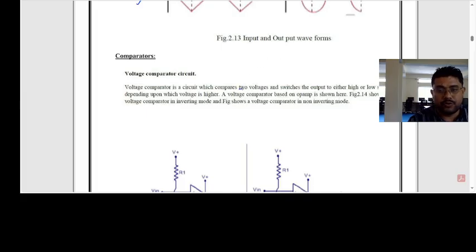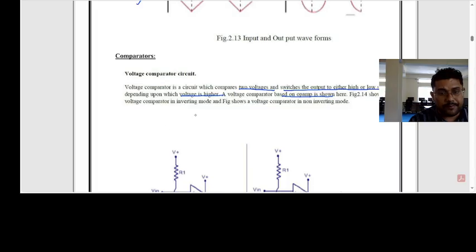Its duty is to compare the two voltages and switch the output either high or low. By comparing the two voltages, it switches the output. The output may be high or low, depending on which voltage is higher.